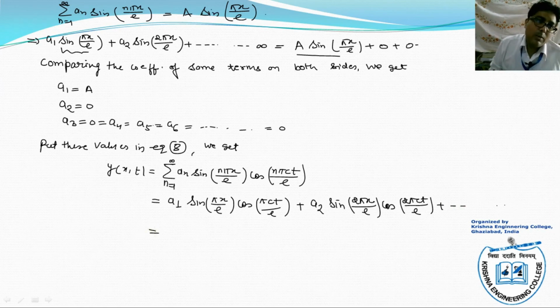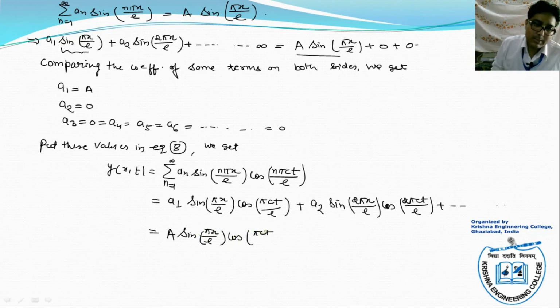Put the value of the constants, so we get the value of a1 is a, this becomes sin(pi x by l) into cos(pi c t by l), and the value of a2 is equal to 0 and a3 is equal to 0 and so on.